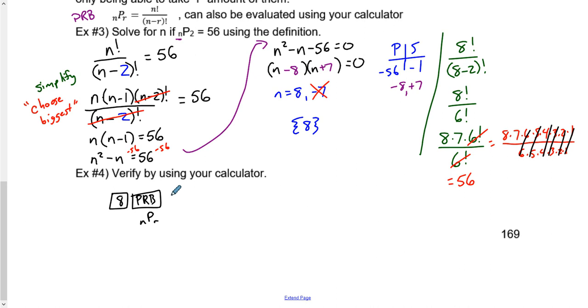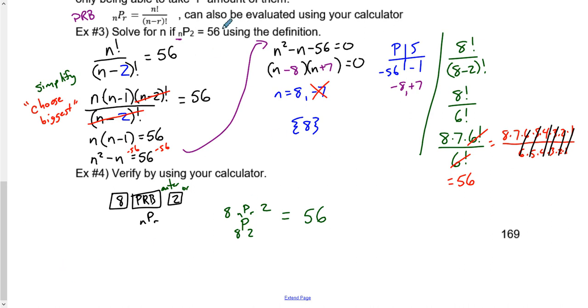You could also just immediately press the number 2. What you will see in your calculators is 8 nPr 2, which puts the 8 in for the n and the 2 in for the r. Either way, you press equals, and you get the answer of 56.